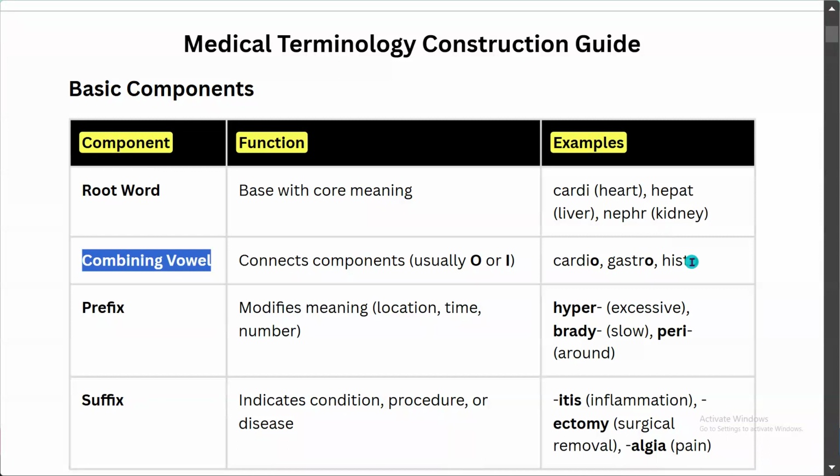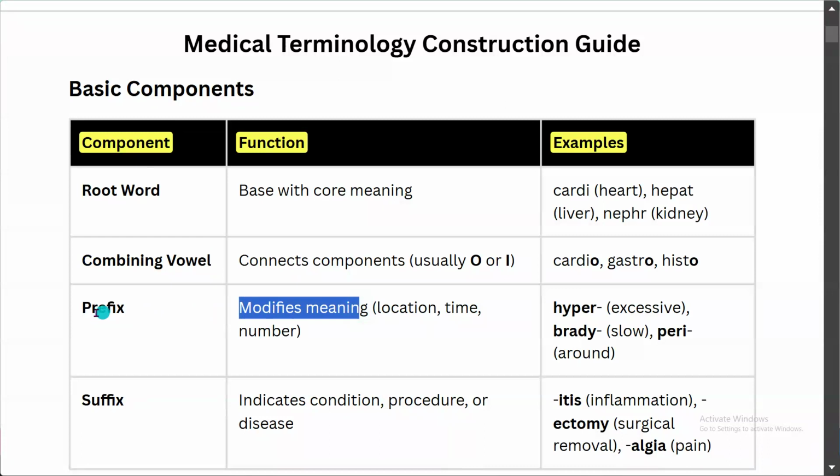Gastro, histo. For these root words, if you use a prefix, that means with the use of a prefix, this will modify their meaning in context to location, time, and number.